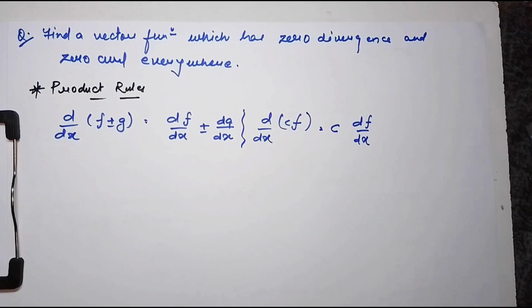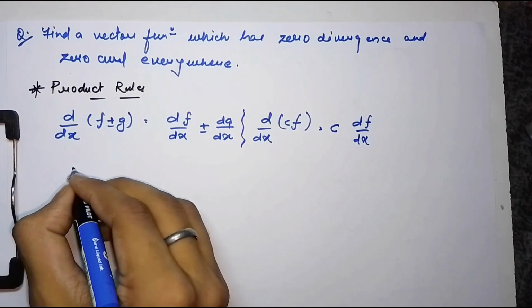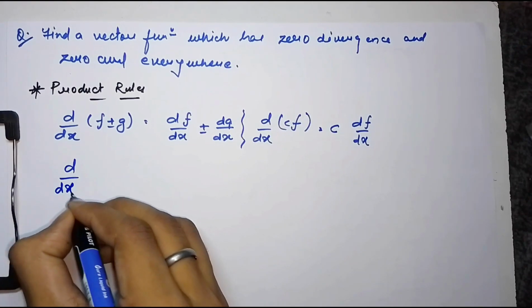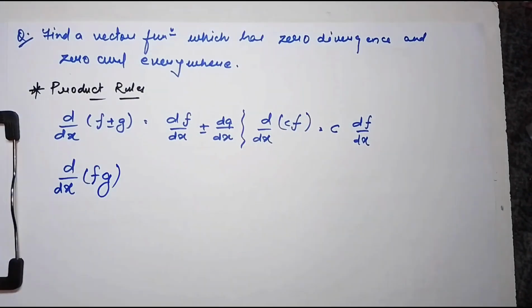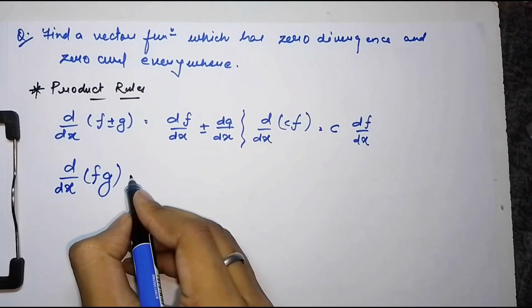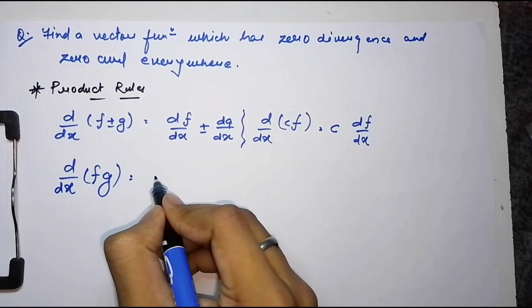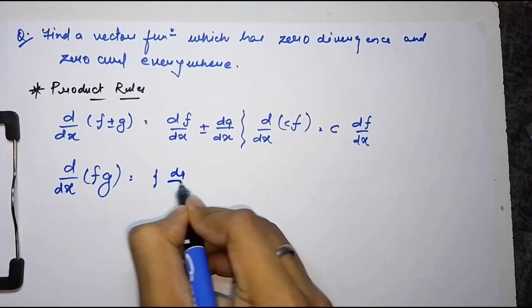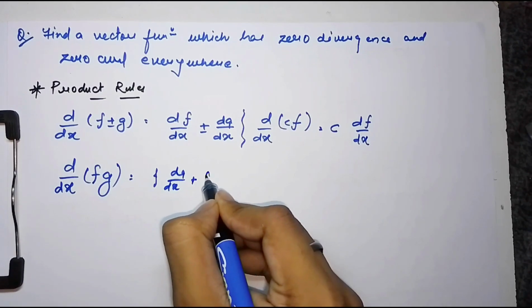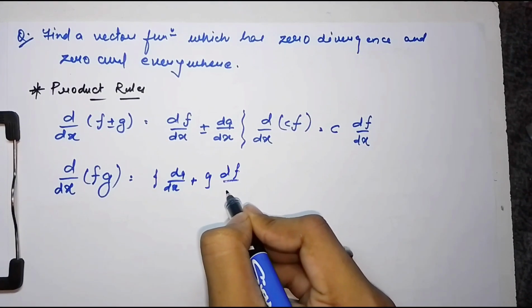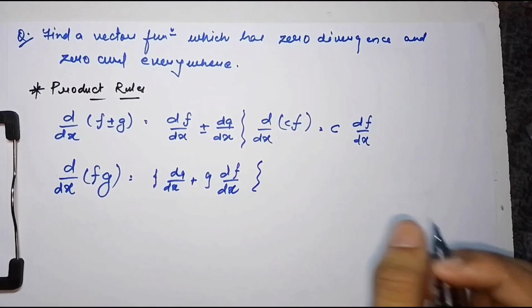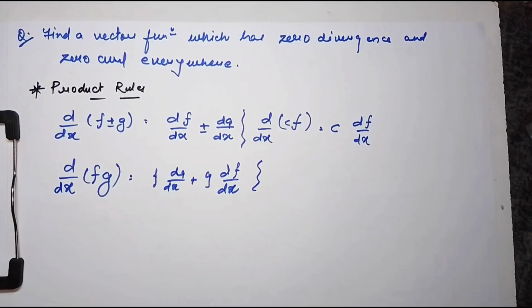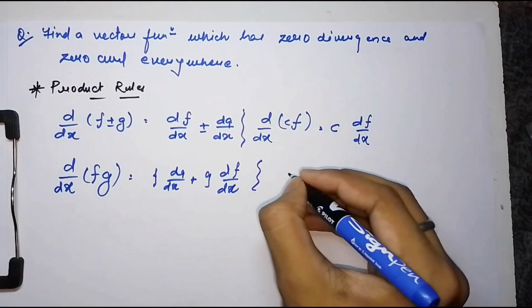Now, next we move on to the product rule. d upon dx of fg will give us f dg upon dx plus g df upon dx. I hope it's clear to you. We will also see some examples, so don't worry about that. Now, the next thing is the division rule.